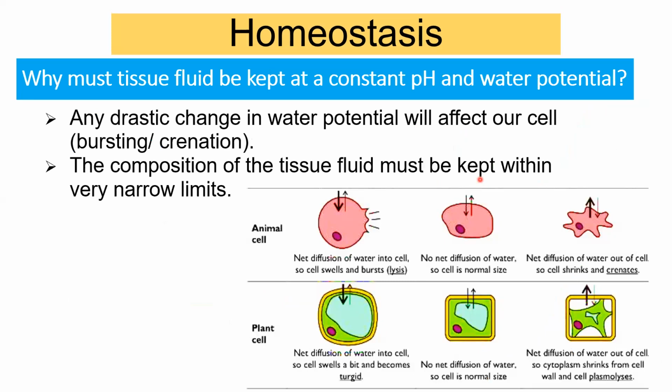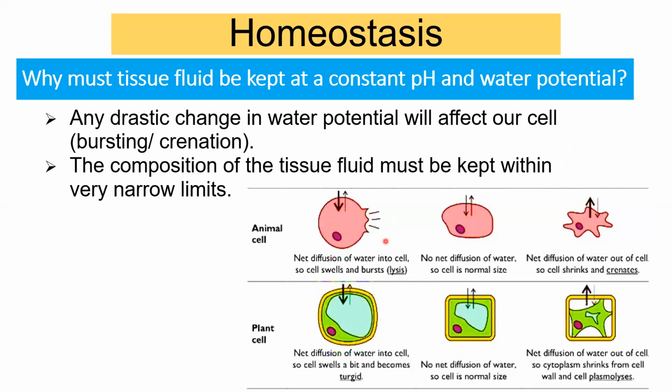Why water potential is important, I will refer to the chapter movement of substances. Plant and animal cells are shown whenever there is an isotonic solution. That is, the cell is in the same condition in which inside and outside are almost the same, so there is no effect on the net movement of molecules.